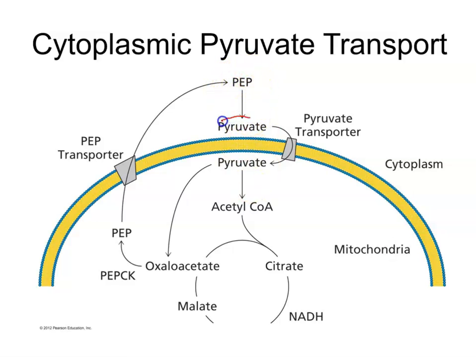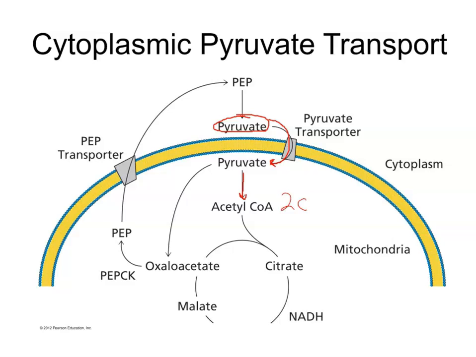We can convert that into pyruvate. And we have a transporter on the membranes of our mitochondria that transports pyruvate into the mitochondria. And then pyruvate can be converted into the acetyl-CoA that I just talked about, and that is the 2-carbon source that we're going to use to enter the citric acid cycle.